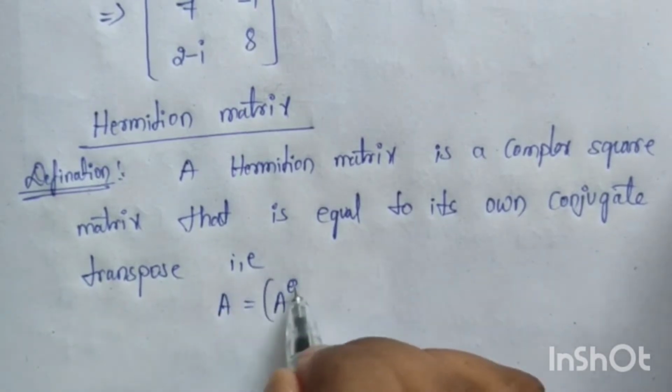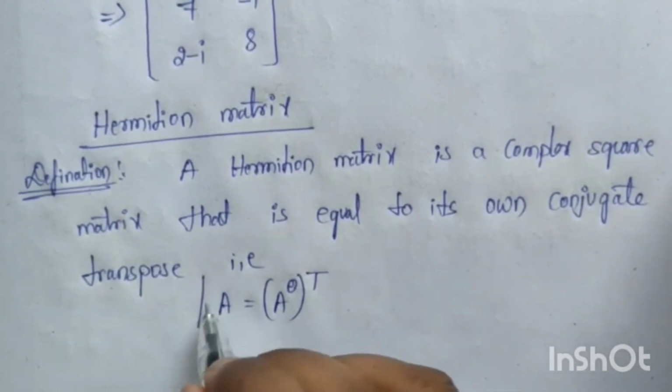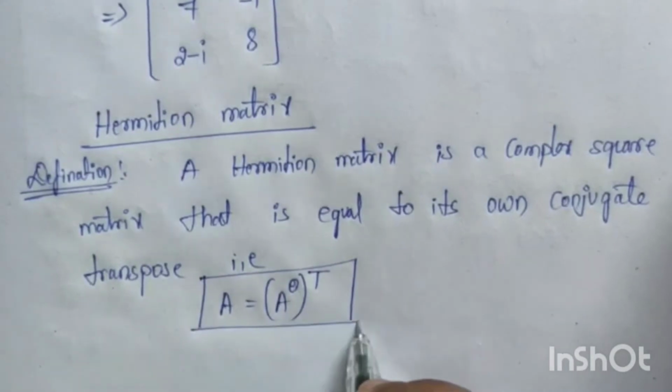A conjugate whole transpose is called a Hermitian matrix.